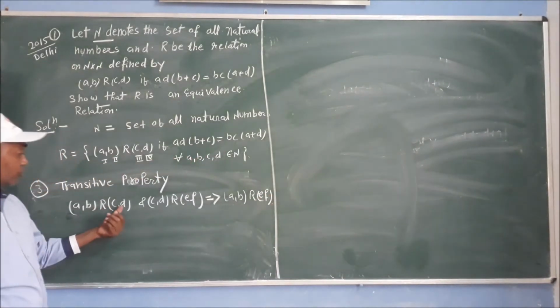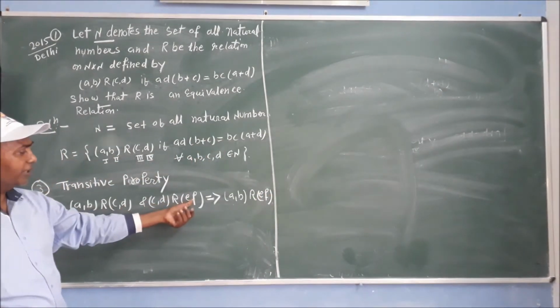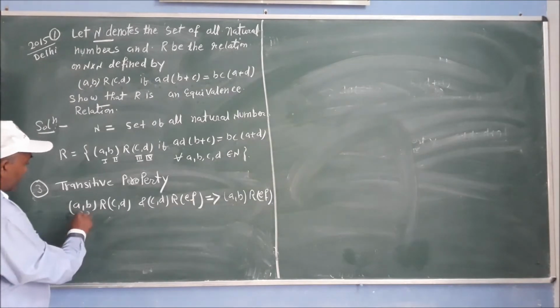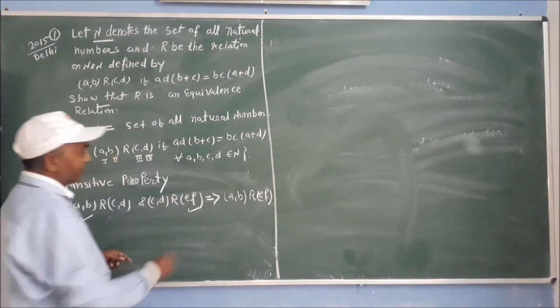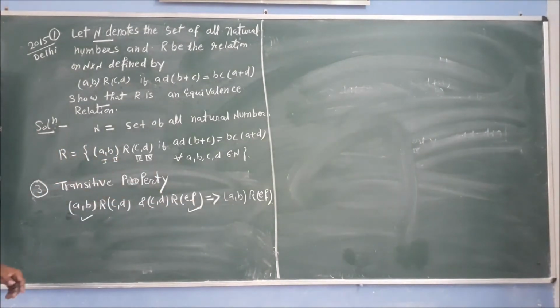If AB is related to CD and CD is related to EF, then we have to prove that this AB and this EF are related to each other.